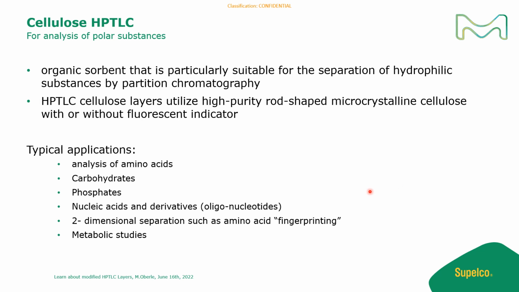Here we have different qualities available, and typically very polar substances can be separated very well on these cellulose plates, such as amino acids, carbohydrates, or phosphates. And here also a two-dimensional separation is possible, and you can do amino acid fingerprinting, for example, or metabolic studies.